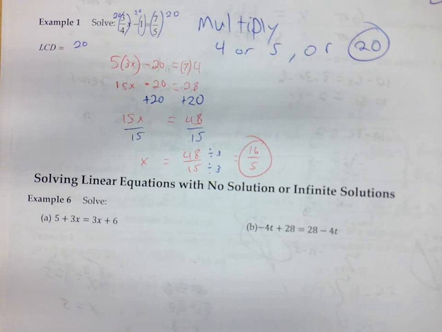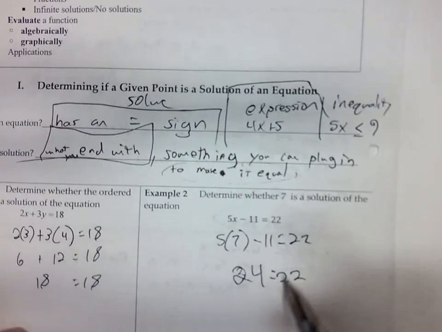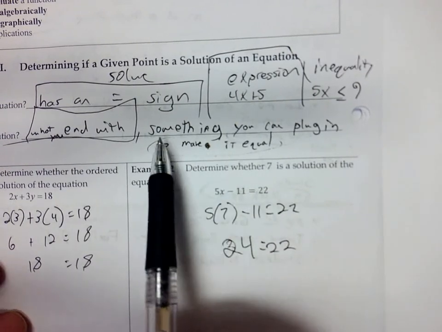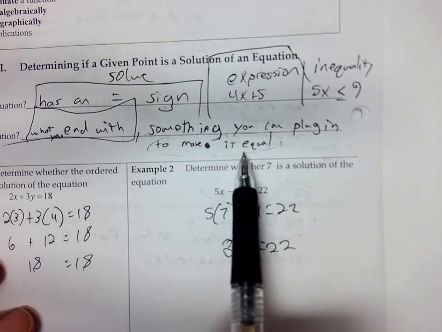So that's a problem. When we look back on our notes, I believe we talked about this already. One of our definitions of a solution to an equation is something that you can plug in to make it equal. Right?